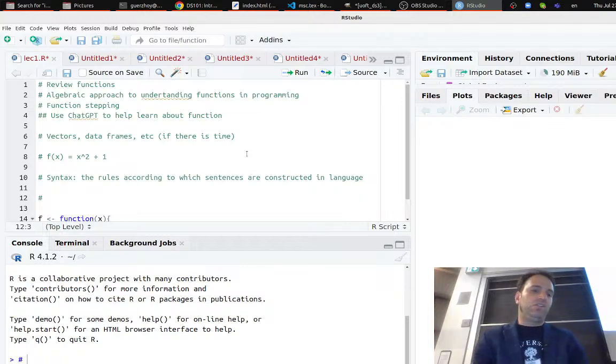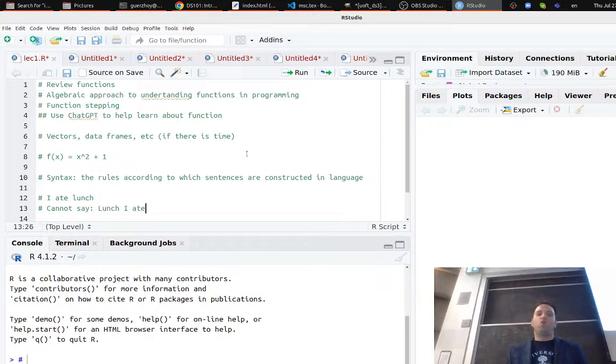For example, I can say I ate lunch, and the rules for English say that I have to say I ate lunch. I cannot say lunch I ate or something. Maybe you can understand what it means, but in general in English it's not allowed.